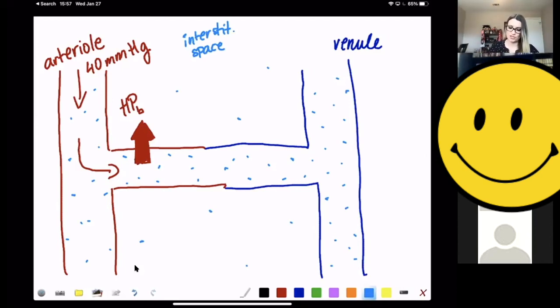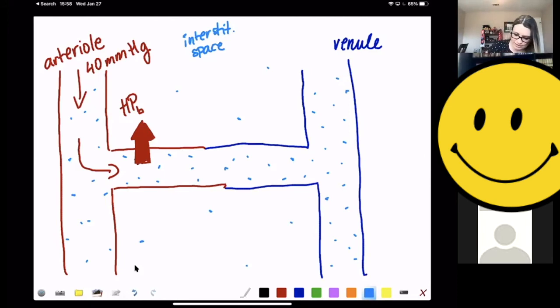This concentration difference of proteins, this difference in the amount of proteins on these two sides, creates an osmotic pull of water from the interstitial space into the capillary. So think about it like proteins are like magnets for water. They want to pull water towards them.